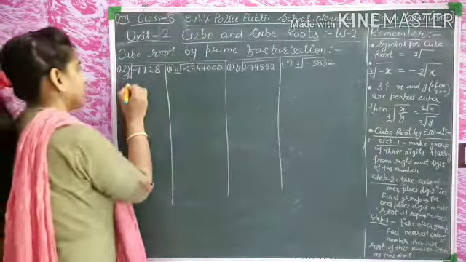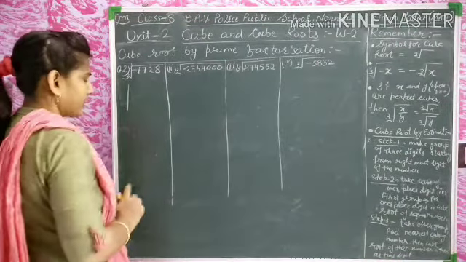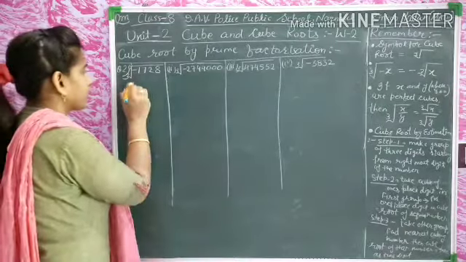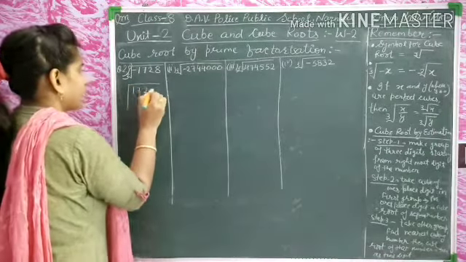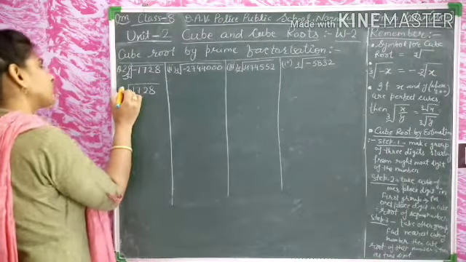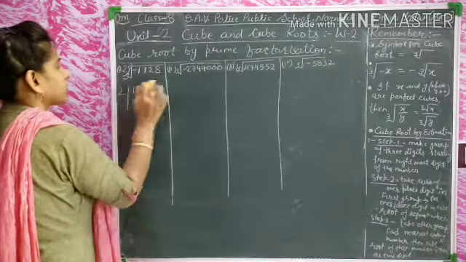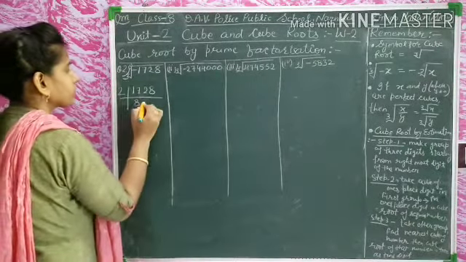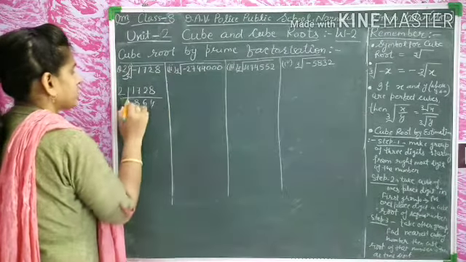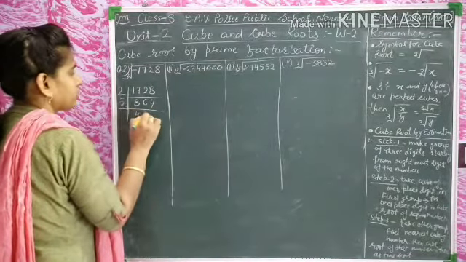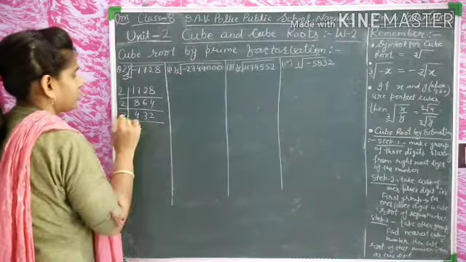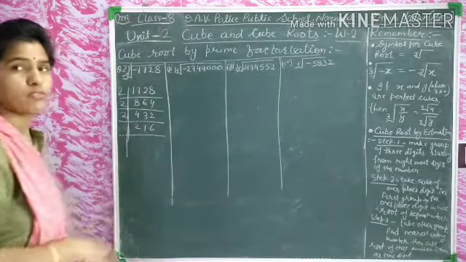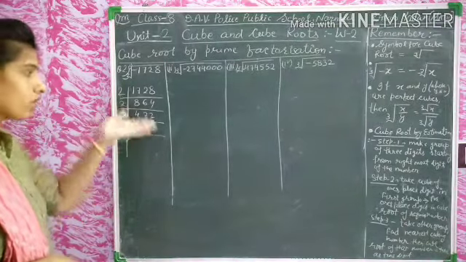First we keep the negative sign aside, and we take the prime factorization of 1728. Dividing first by 2: 2 8s are 16, 2 6s are 12, 2 4s are 8, 2 4s are 8, 2 3s are 6, 2 2s are 4, 2 2s are 4, 2 1s are 2. You have already done prime factorization of numbers and you know this method.